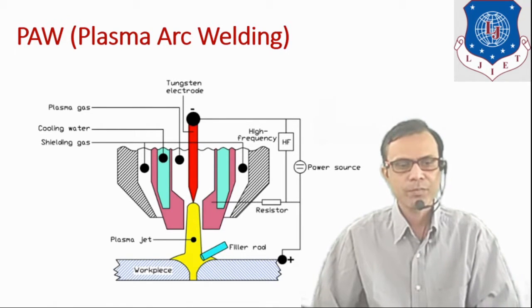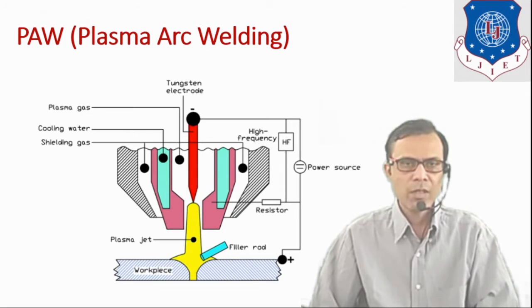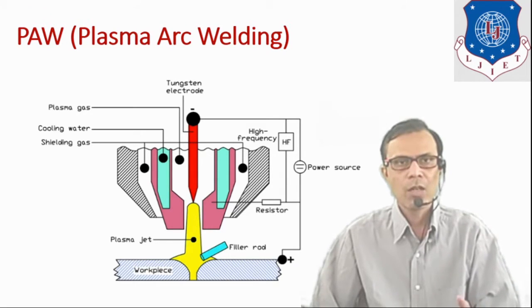cutting purpose. Now in case of non-transfer arc process, the difference is that the positive terminal is connected with this nozzle. So the arc takes place in between electrode and the nozzle, and the plasma gas, when it passes through this passage, it will get ionized and it will be converted into plasma, but comparatively it will have low temperature.